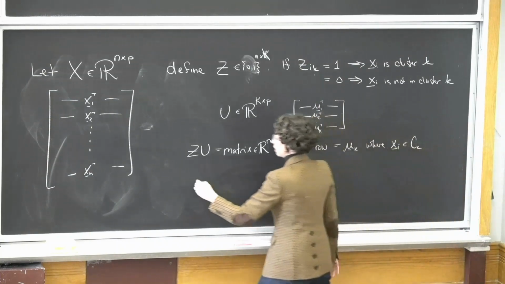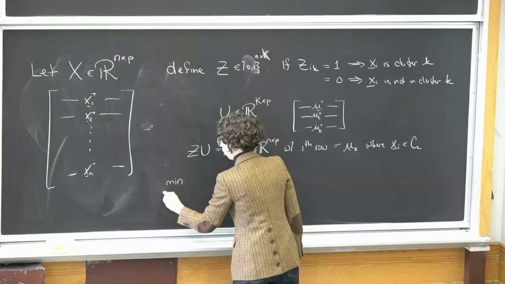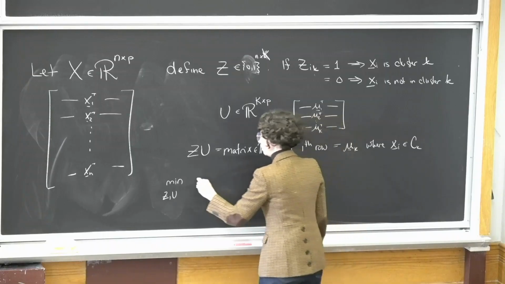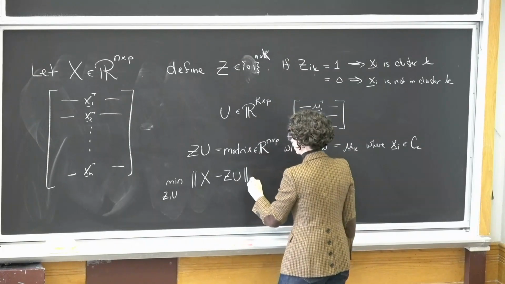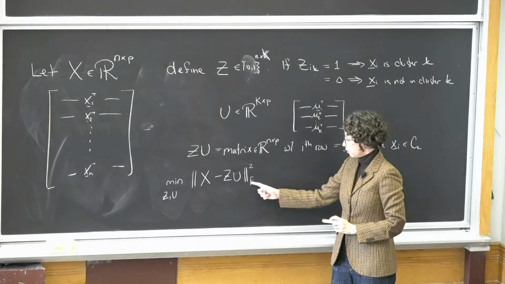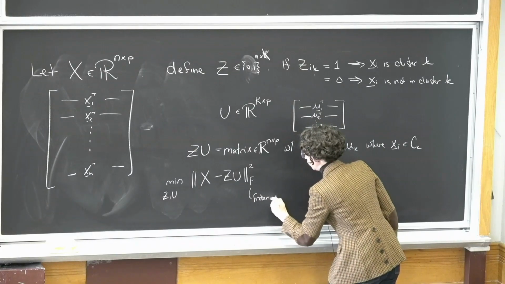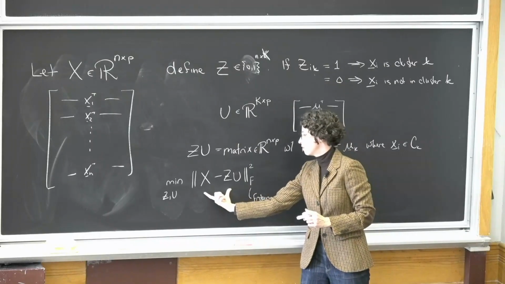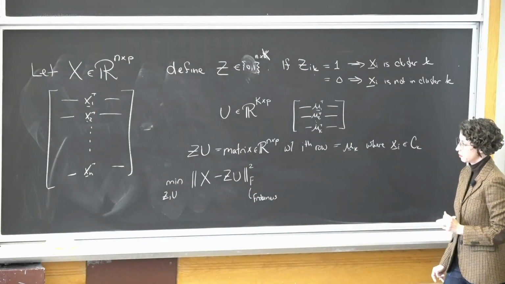So we can formulate clustering as searching over all matrices Z and U and finding the pair where the product Z times U is as close as possible to X. Remember the F here corresponded to the Frobenius norm. This just means I'm looking at the sum of the squares of all the entries of whatever is inside the norm, or the difference between X and ZU in this case.